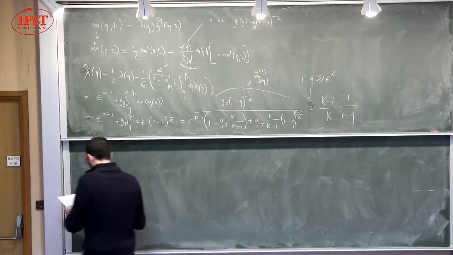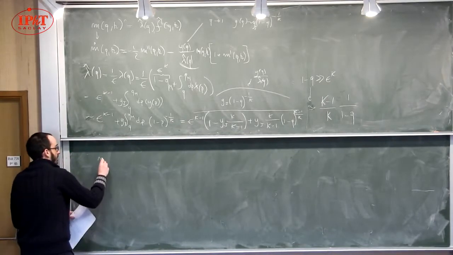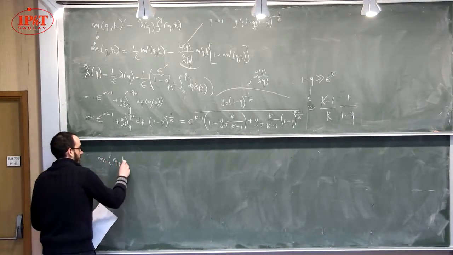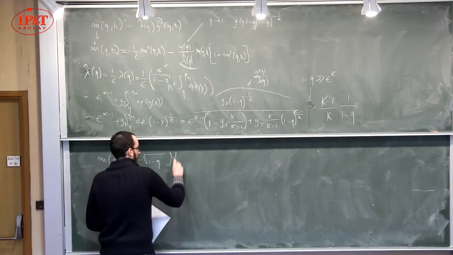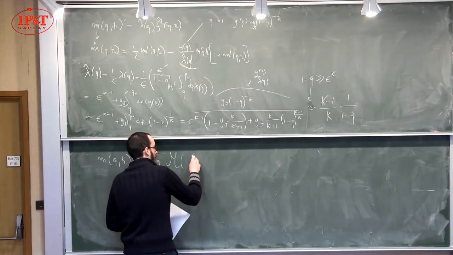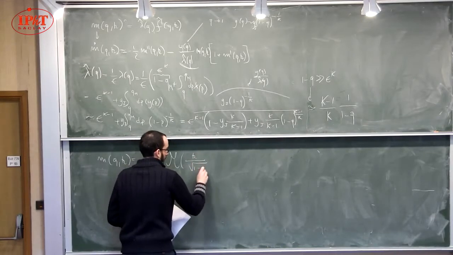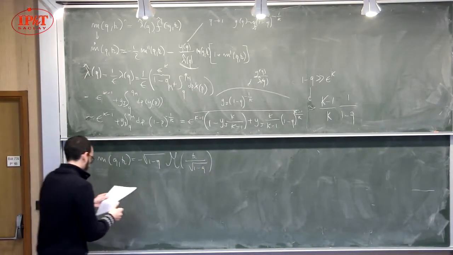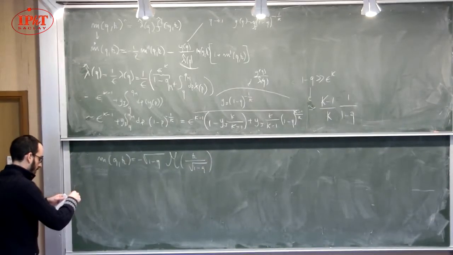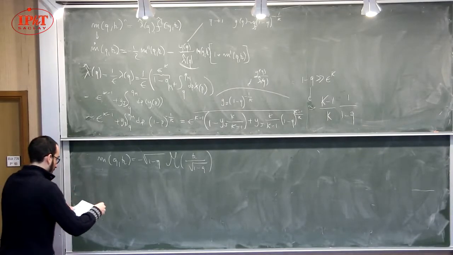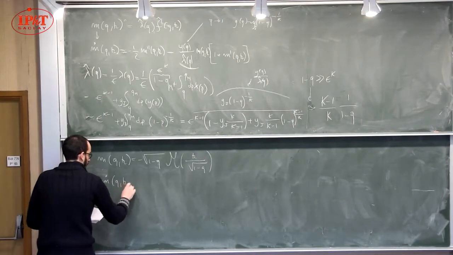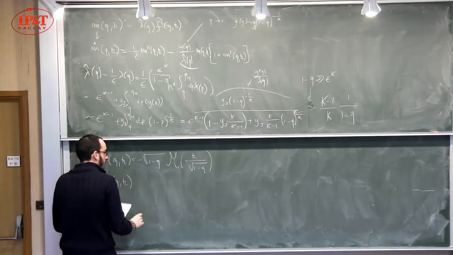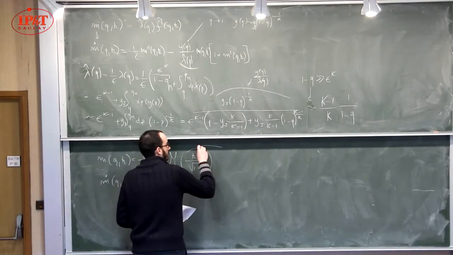So then we say that m and the root is, so we have that m dot. So let me call this variable t.